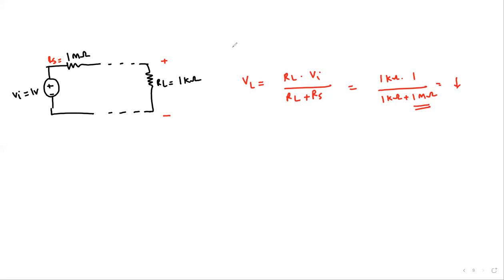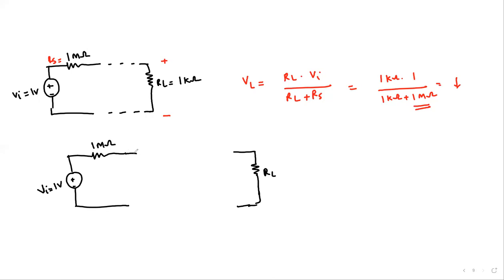But what if we have this voltage source? Again, the transducer is modeled by a voltage source that provides a 1 volt output and has a high source impedance of 1 mega ohm. And before feeding it to the load RL, we connect it to a buffer or a voltage amplifier with a gain of 1.